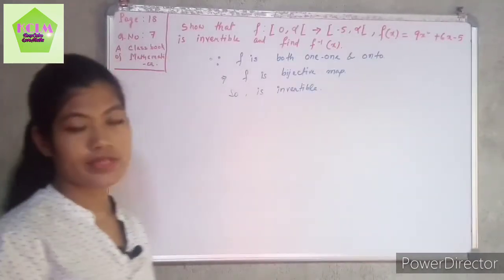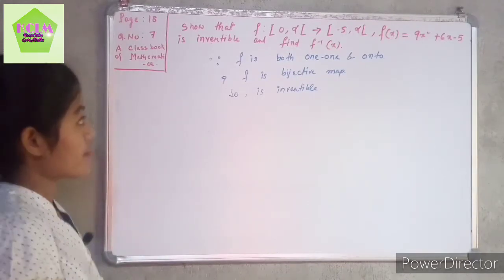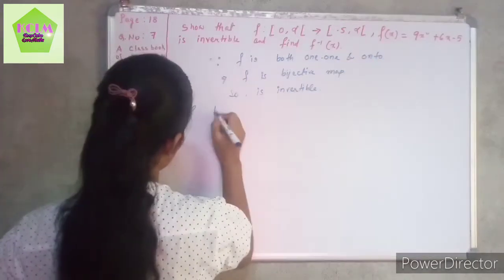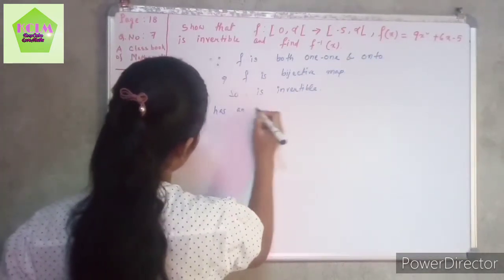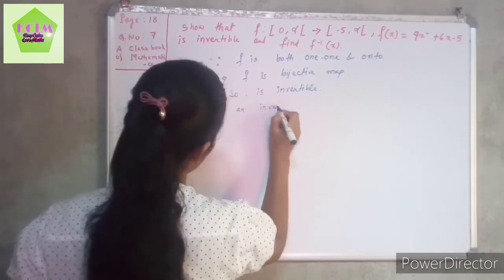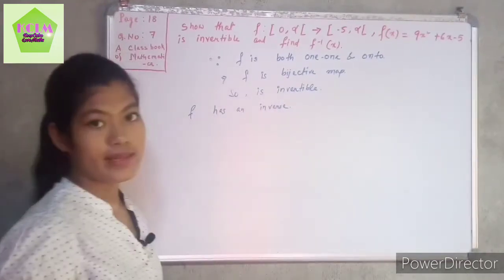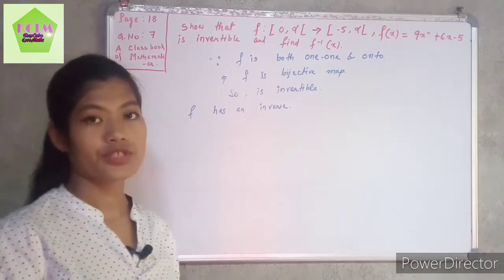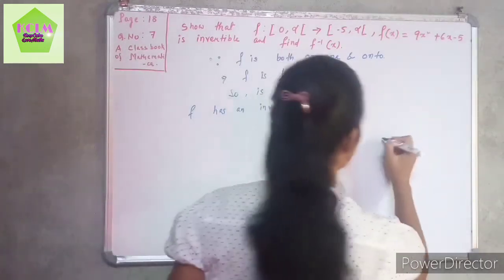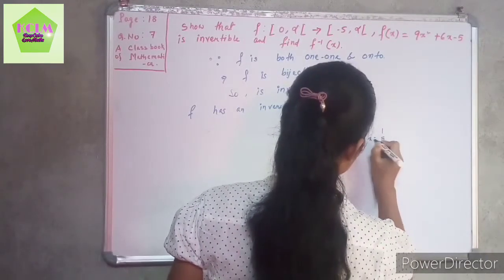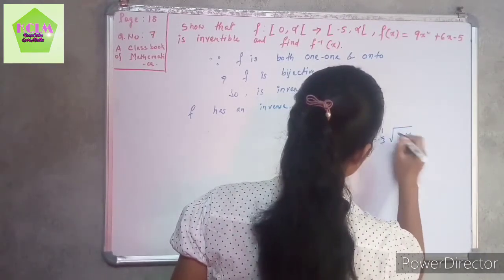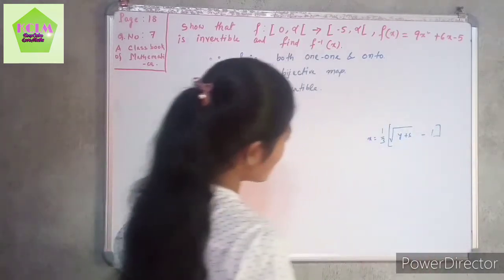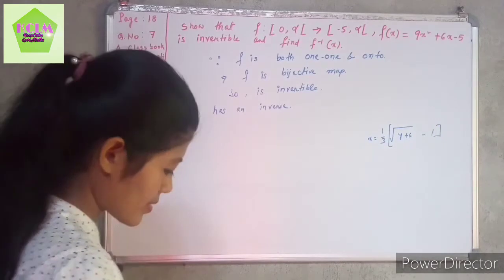Since f is invertible, therefore f has an inverse, and it is nothing but the expression x equals 1 by 3 root over y plus 6 minus 1, right? It was minus 1? Yes.